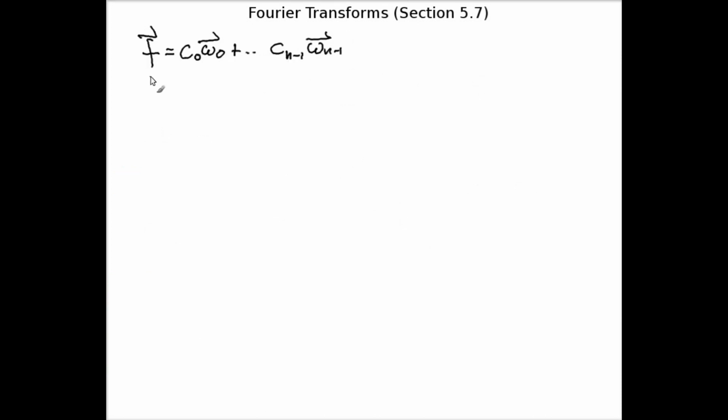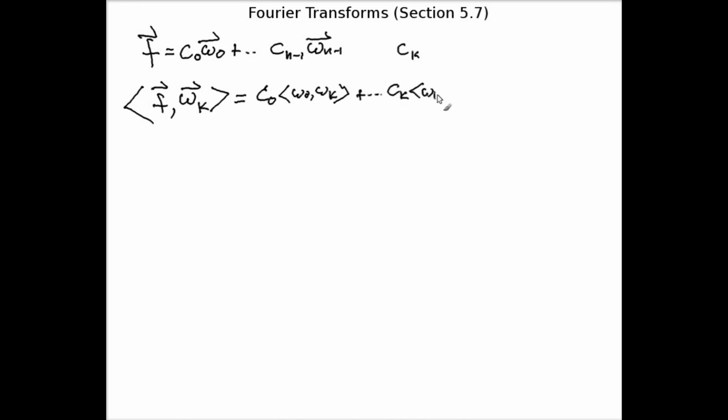Okay, so how do we figure out these coefficients c_k? Well, we've seen this kind of thing before, and let me remind you how this works. When you have an orthonormal basis, if you're trying to figure out these coefficients, you take the inner product of both sides with omega k, and what you get is c0 times the inner product of omega 0 with omega k, plus dot dot dot ck omega k with omega k, and so on up to c n minus 1 times omega n minus 1 with omega k.